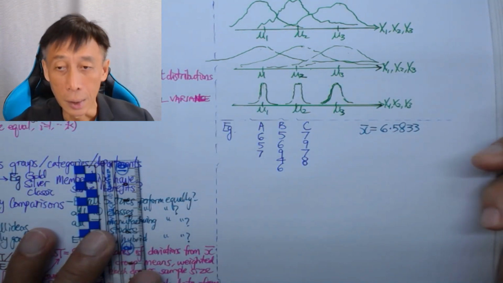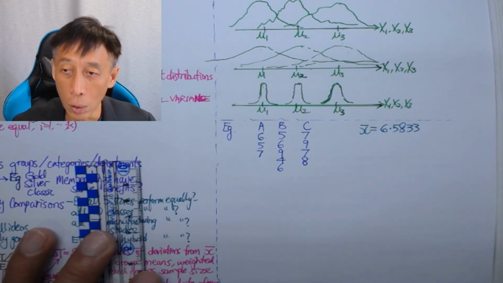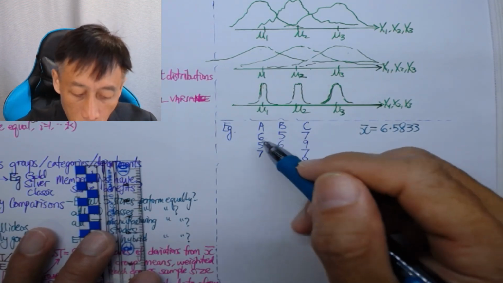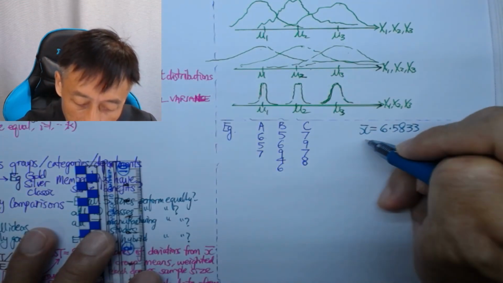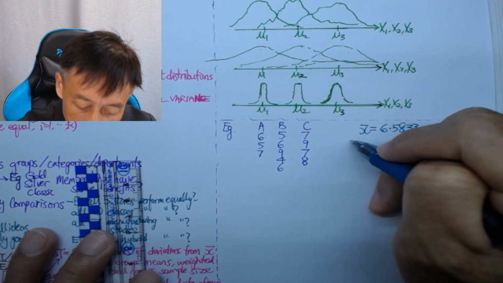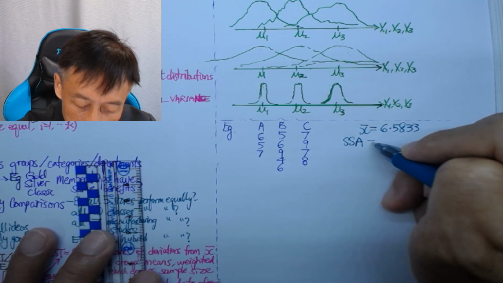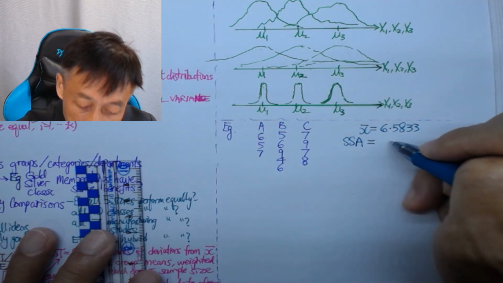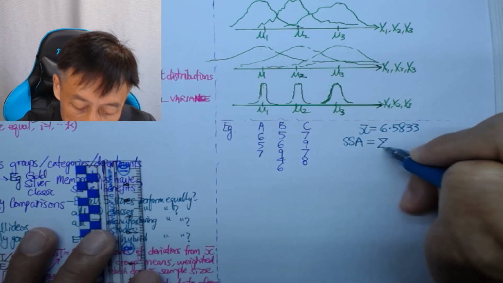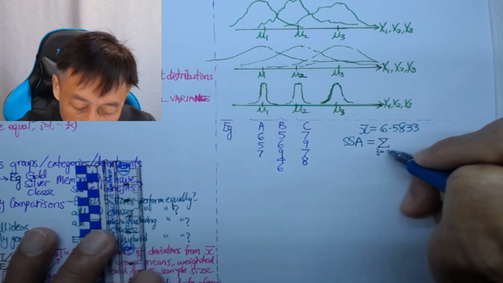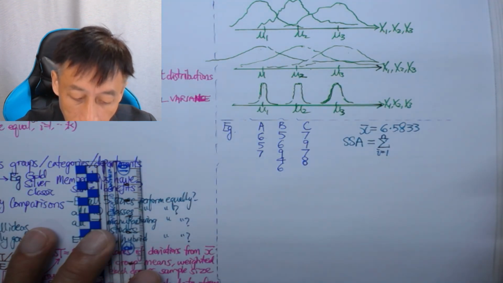Then you can also get the overall squares, the SS all. So the sum of squares of all data is basically summing all the data from 1 to n.